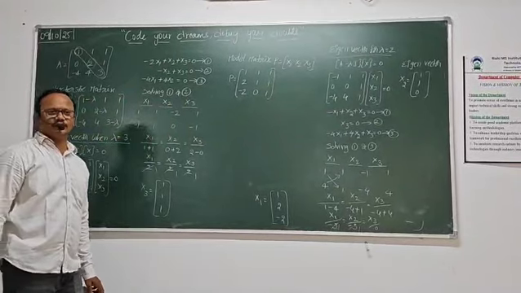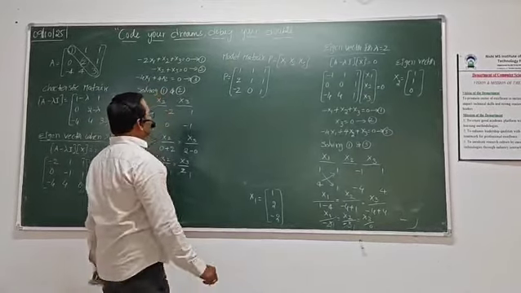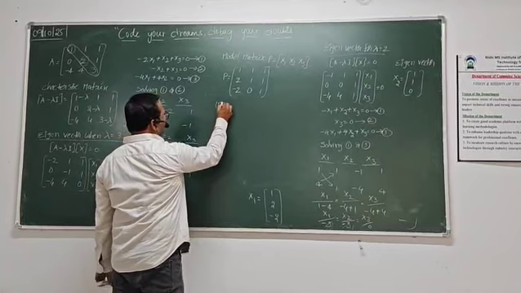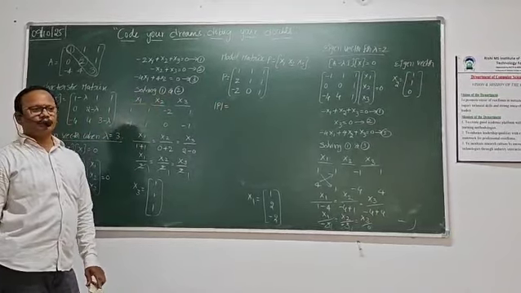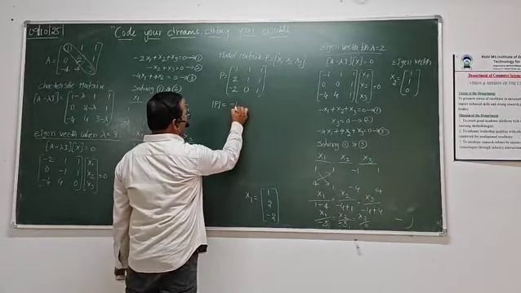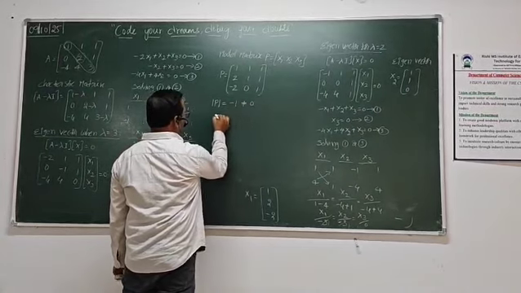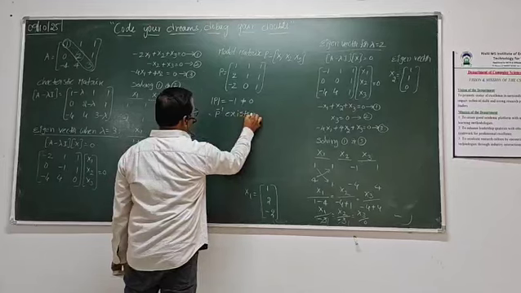Then we write the diagonalization matrix D equal to P inverse AP. If you find the modulus of P, what is the modulus of P? Minus 1, which is not equal to 0. Therefore, P inverse exists.